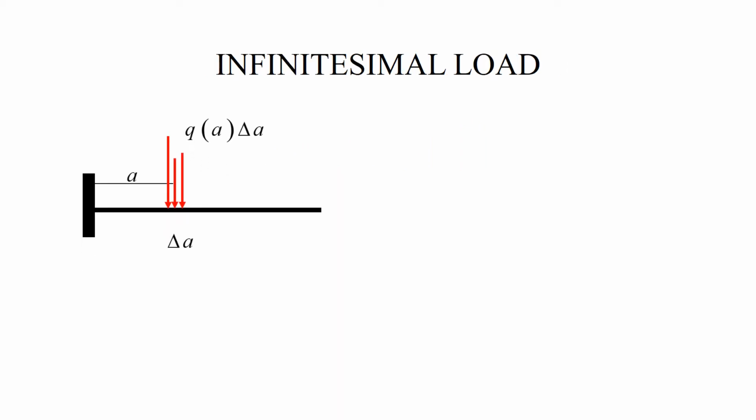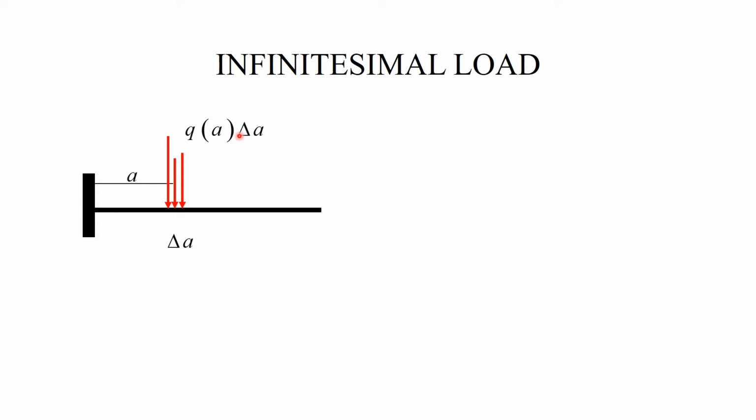So I would like to start by considering a small element of length delta a located at the distance a. And of course, this elementary load could be thought of as a concentrated force of magnitude q of a times delta a.